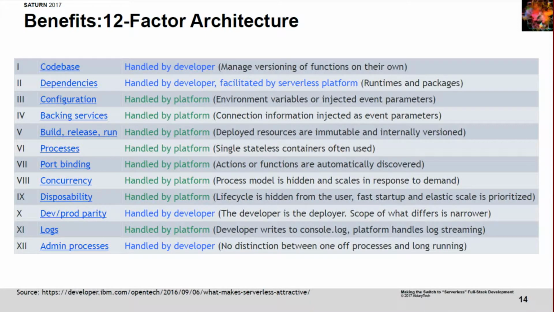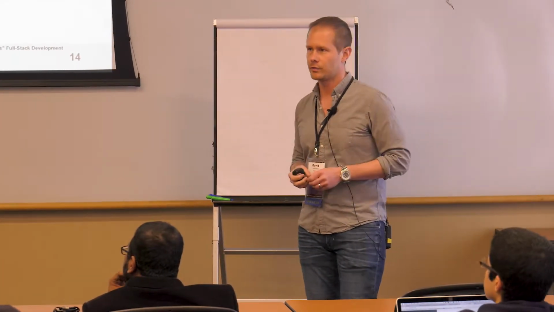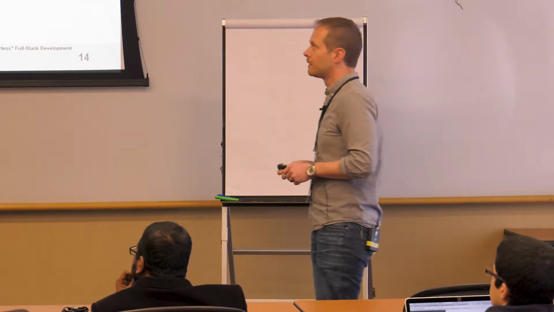Another consideration beyond cost is that it helps drive 12-factor adoption. Is everyone familiar with 12-factor? I'm hoping. This is a framework put together, I think, by the Heroku guys, that defines or helps provide guidelines for how good software should be built, right?